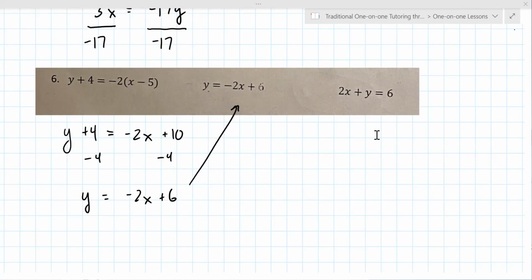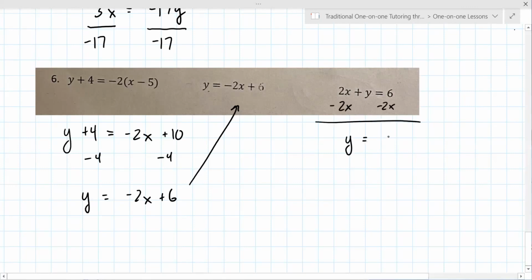So this last one here, can you solve it for y? Do you see how if you subtract 2x from both sides of the equation, you get y equals minus 2x plus 6, which is also the same? Yeah. Well, y plus 4, I need to do this.